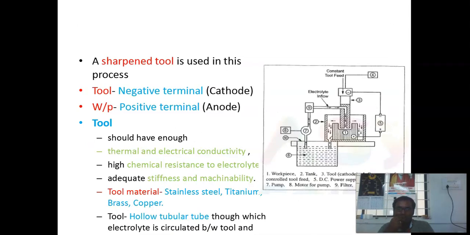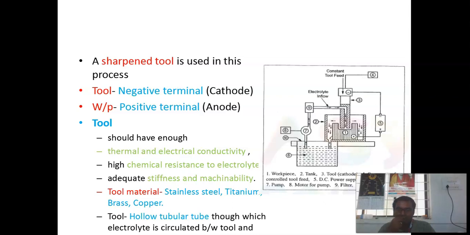A sharpened tool is used in this process. Here, the tool is connected to the negative terminal and acts as a cathode, and the workpiece material is connected to the positive terminal and acts as the anode. Major properties of the tool: it should have enough thermal and electrical conductivity, high chemical resistance to the electrolyte, and adequate stiffness and machinability.